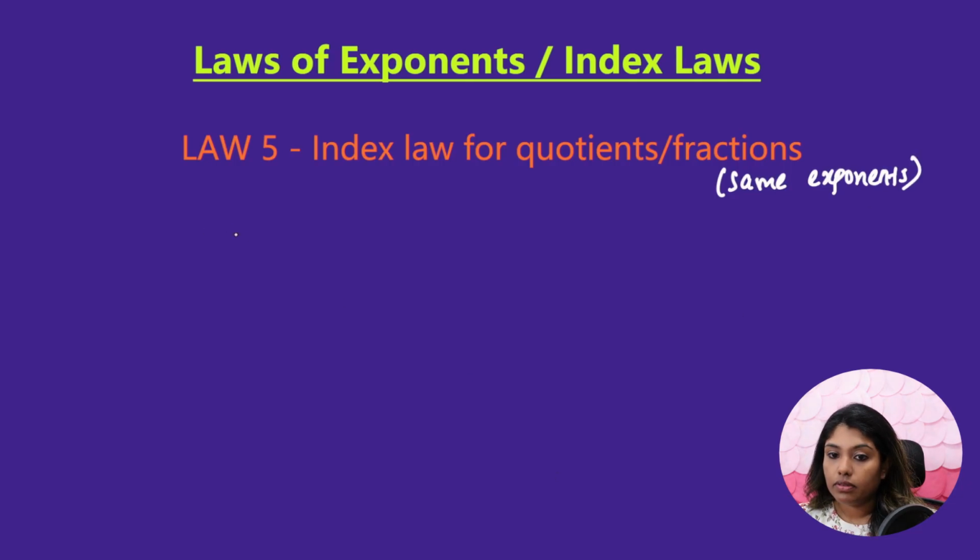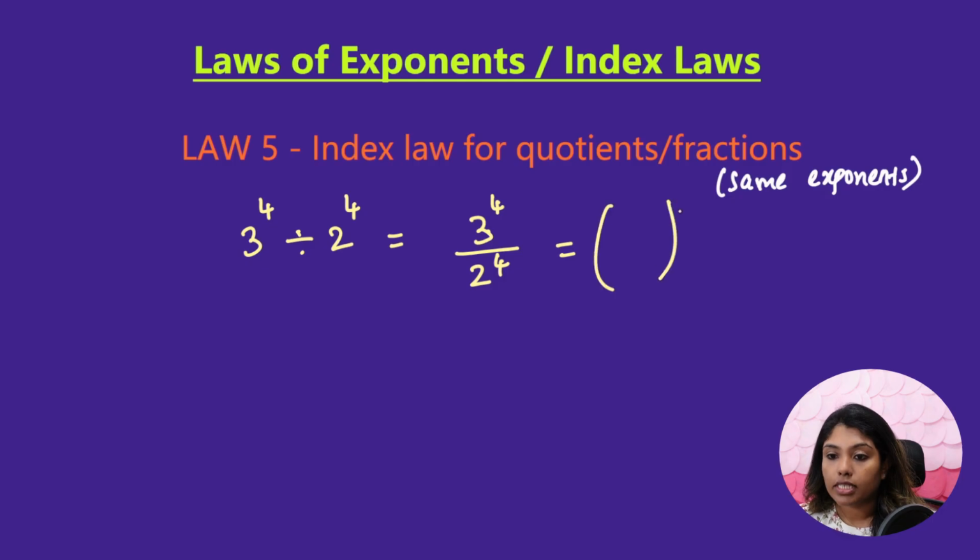If you have 3 to the power 4 divided by 2 to the power of 4, then this can be written as, division is basically a fraction, so 3 to the power 4 over 2 to the power of 4, and you can raise it to a common exponent 4. So that will be 3 over 2 whole raised to 4. So that's basically the rule.